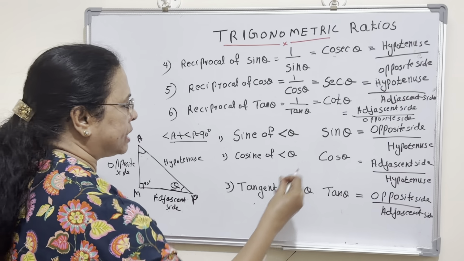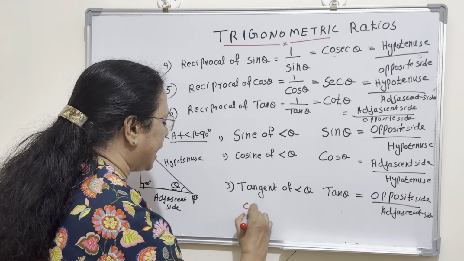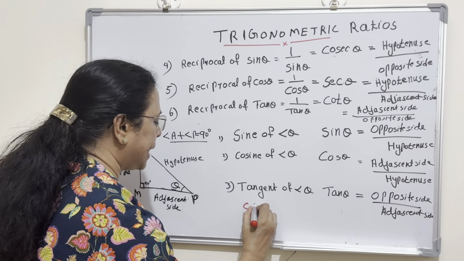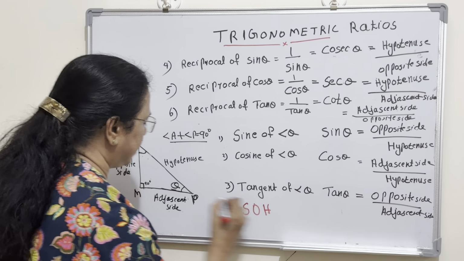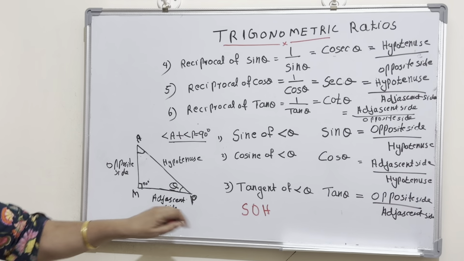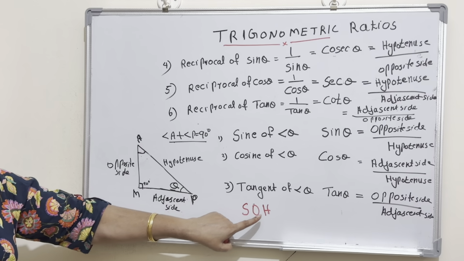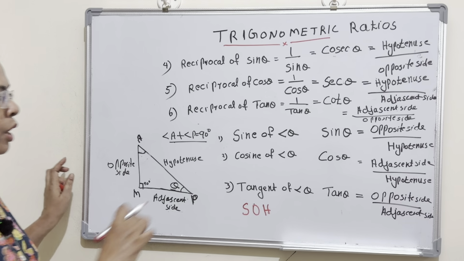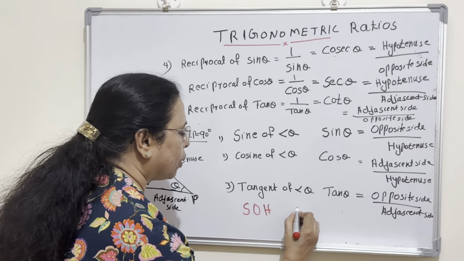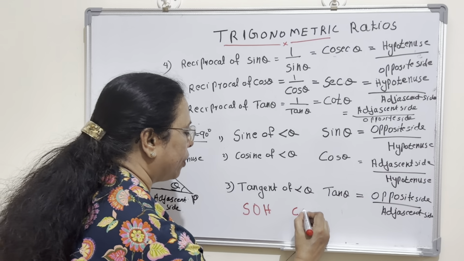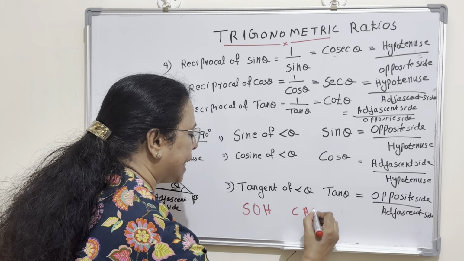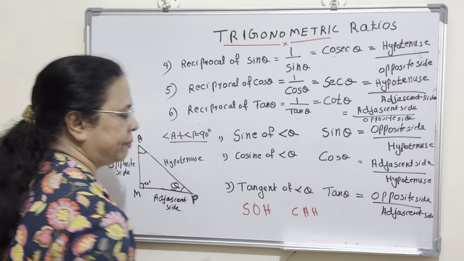Sine theta means opposite side divided by hypotenuse. What is cos theta? Cos theta means adjacent side by hypotenuse.